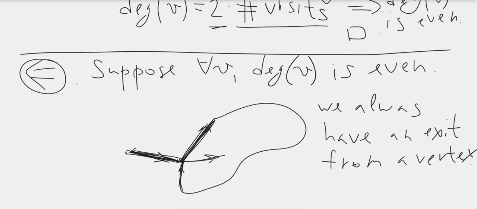Because the first one is a special vertex, like we started this path here.